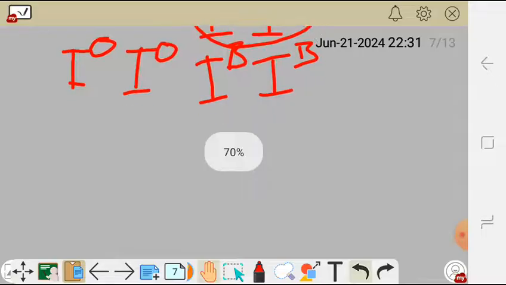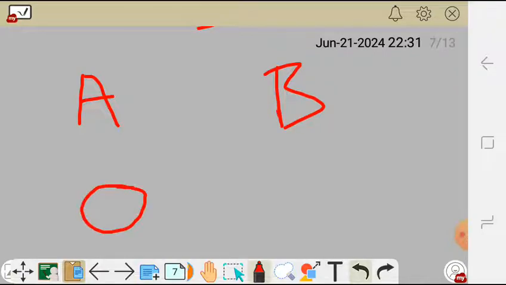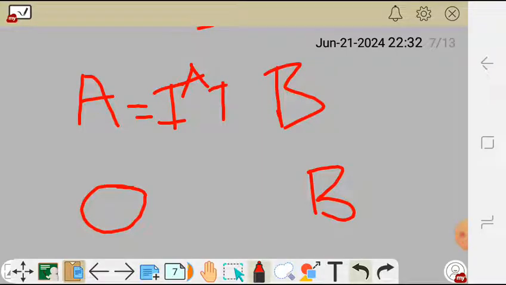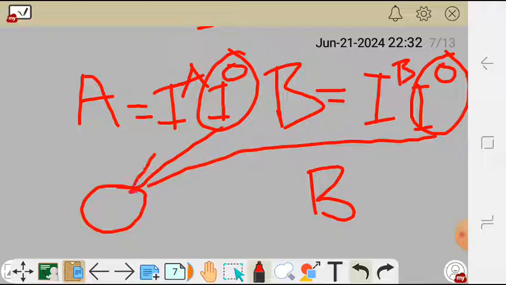The reason we are saying so is because the mother has blood group A, and we are saying the father has blood group B, and they produced a son with blood group O and a daughter with blood group B. This is possible because this A here is a carrier of blood group O, and this one as well is a carrier of blood group O. So they will donate O here and that O, which will form this O here.